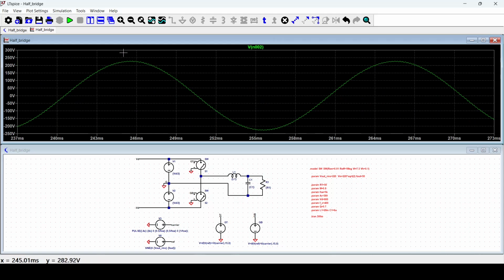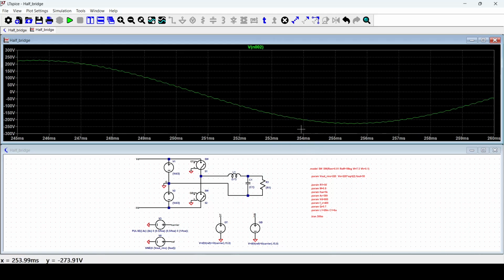And we have some ripple, of course, because even if the topology is ideal, the switching function that is produced by the two switches is nonlinear, so we cannot have a perfect sine wave. We've got some ripples superimposed on our sine wave at 50 Hz.